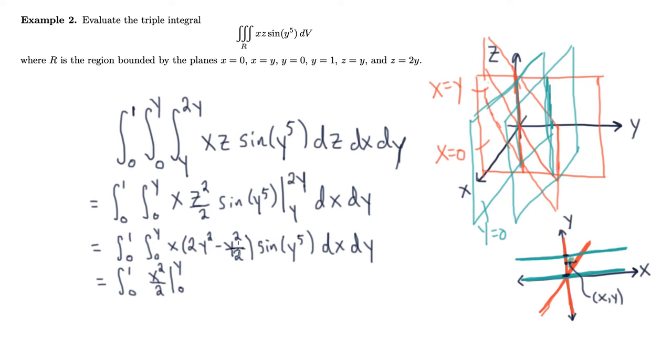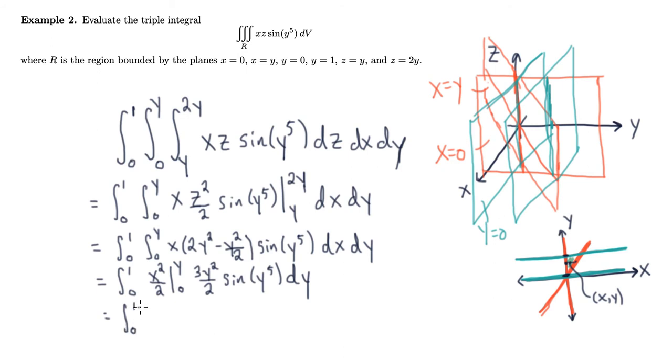So 2y squared minus y squared over 2 is 3y squared over 2. And then sine y to the fifth dy. And of course, if I evaluate x squared over 2 from 0 to y, I'm just going to get y squared over 2.